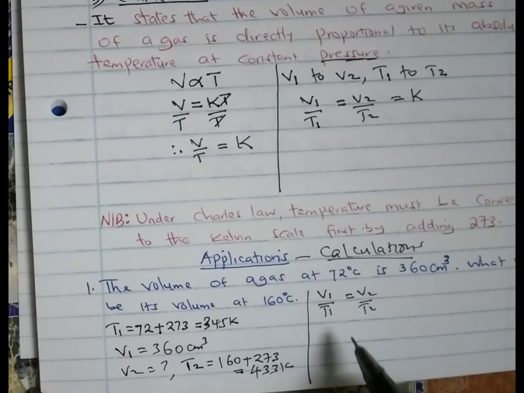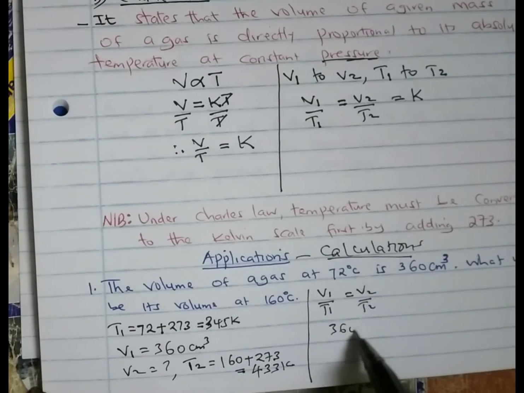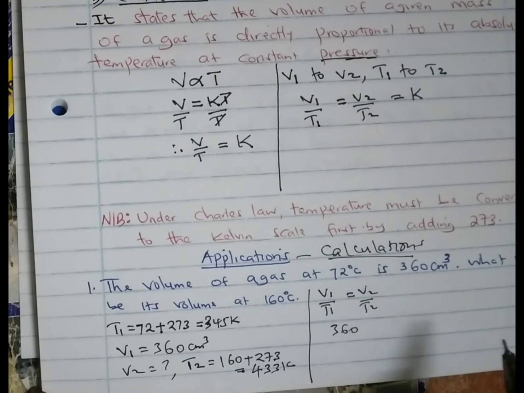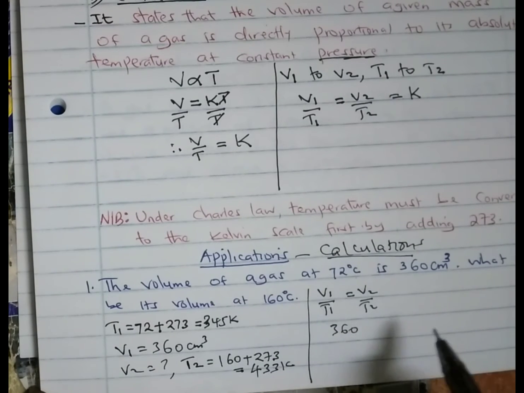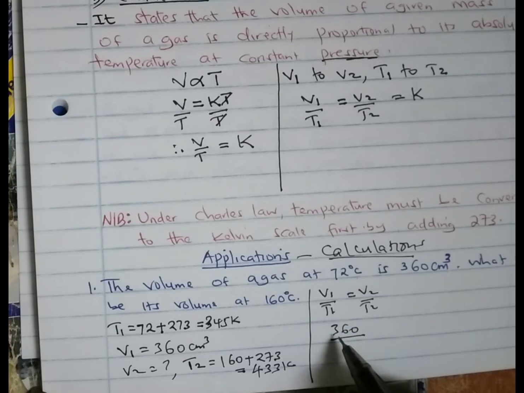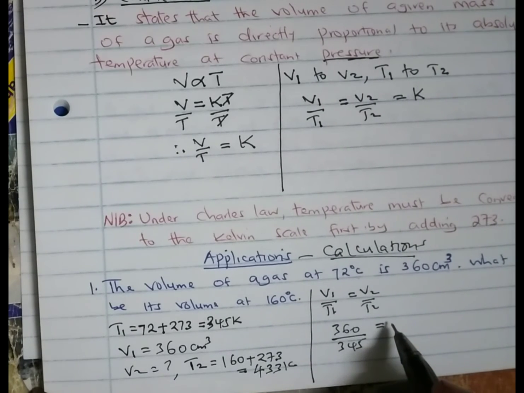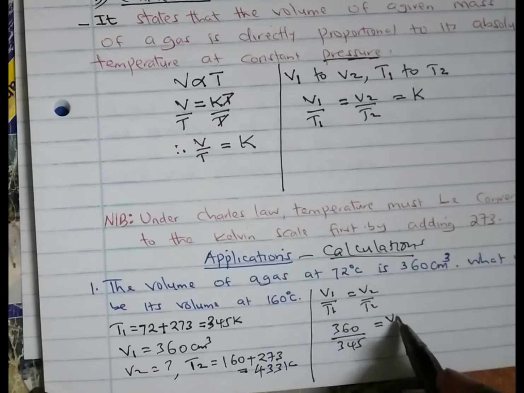From here we substitute. Volume 1 is 360. We divide by temperature 1, 345, and this will give us volume 2, which is not provided.